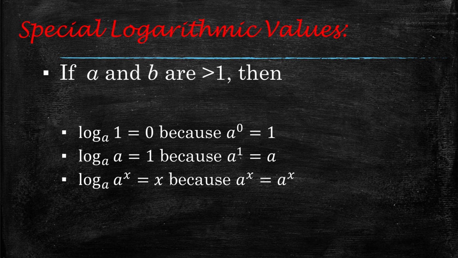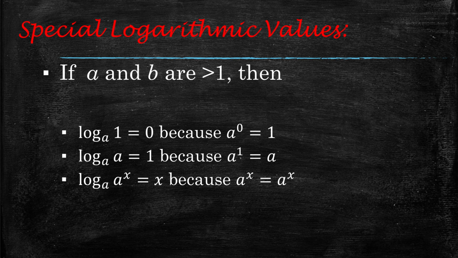All right, here are some basic log properties. If you have log base a of 1, it does not matter what the base is; log base anything of 1 is always going to equal 0, because anything to the 0 power is equal to 1.